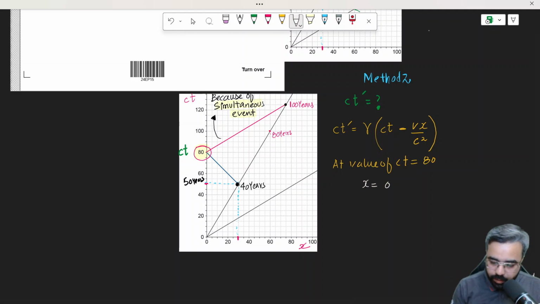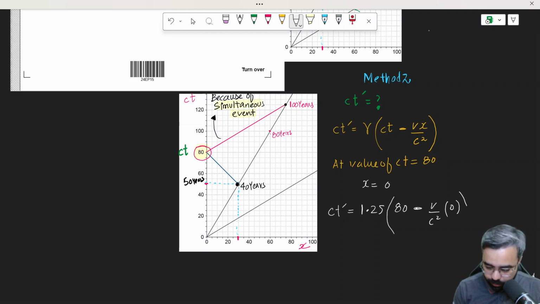So when we put in the value, ct prime is 1.25 into 80, minus v over c square into 0. Let's see how much we get. You see that we got 100 years.